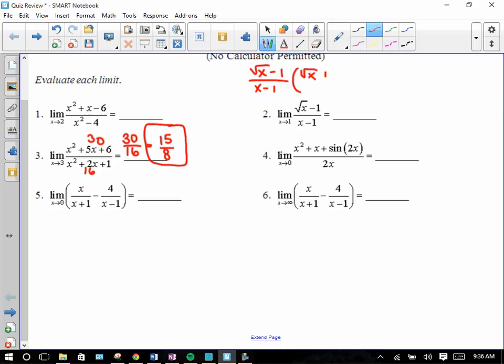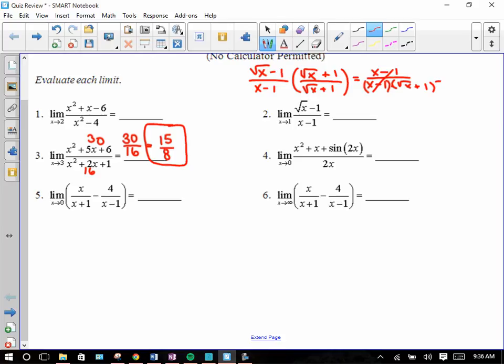So square root of x plus 1 divided by the square root of x plus 1. That's going to give you, on the top, x minus 1 over x minus 1 times the square root of x plus 1. Right? x minus 1 cancels out.